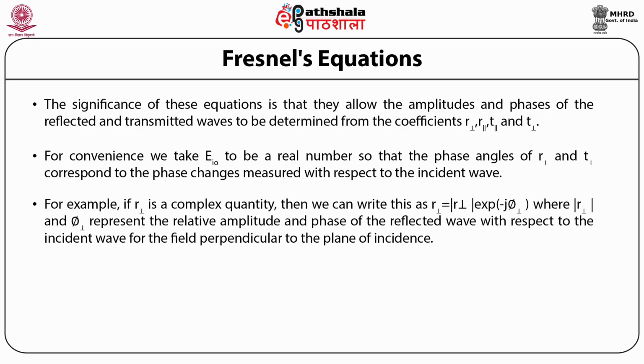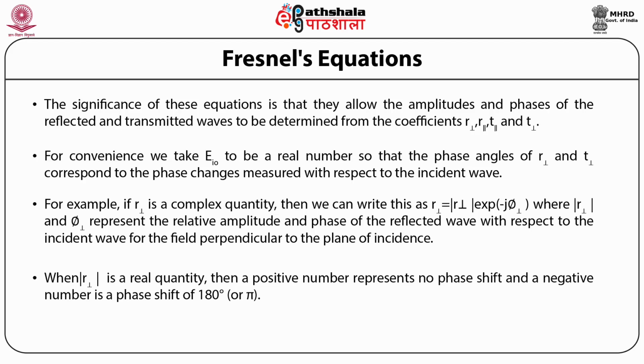For example, if r perpendicular is a complex quantity, then we can write r perpendicular as the modulus of r perpendicular times exponential of minus j phi perpendicular, where the modulus of r perpendicular and phi perpendicular represent the relative amplitude and phase of the reflected wave with respect to the incident wave for the field perpendicular to the plane of incidence.